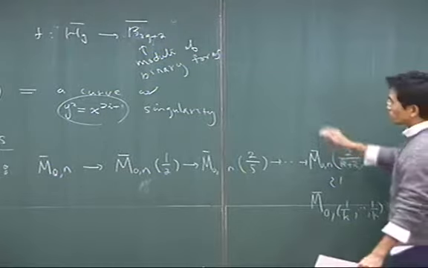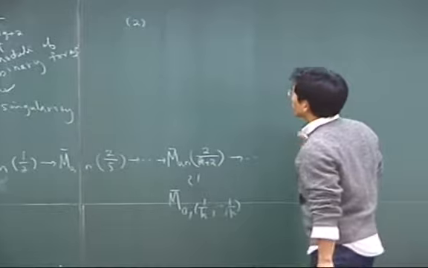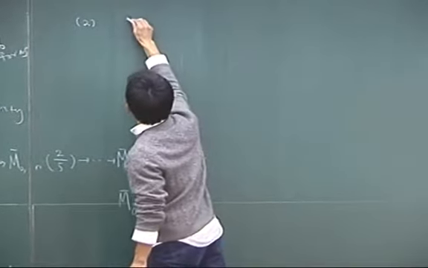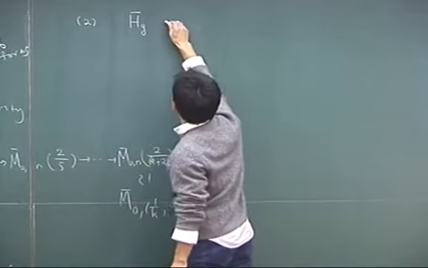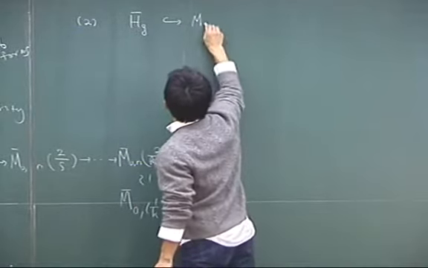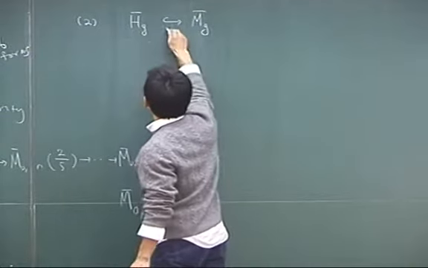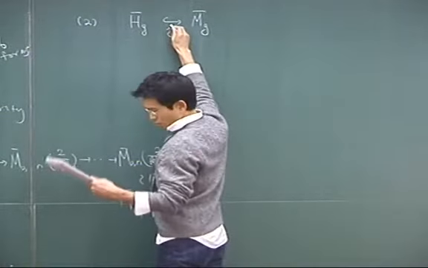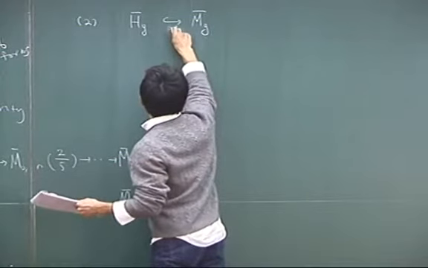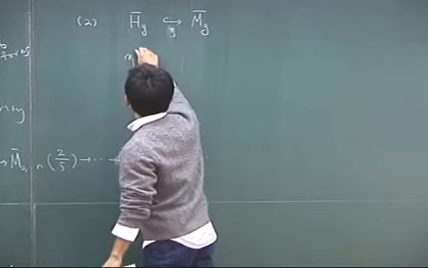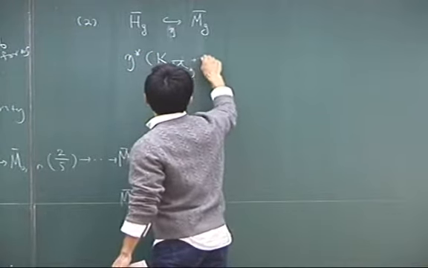Now another way to think about this log minimum model program is you take the following divisor. You have a map from H_g-bar into the moduli space, and you just pull back. Let's say this is J. Do I want J? Excuse me. No, I don't. I want eta. So eta upper star K plus alpha delta.